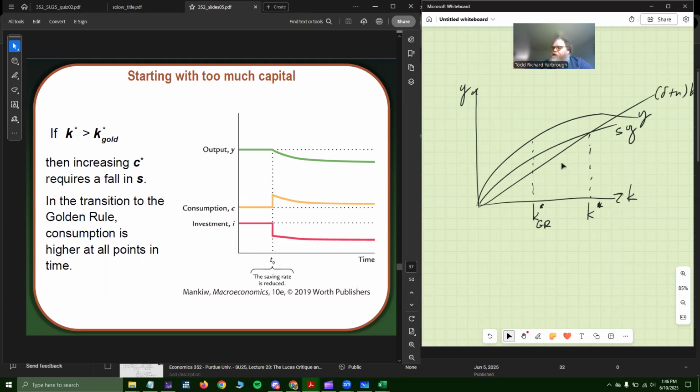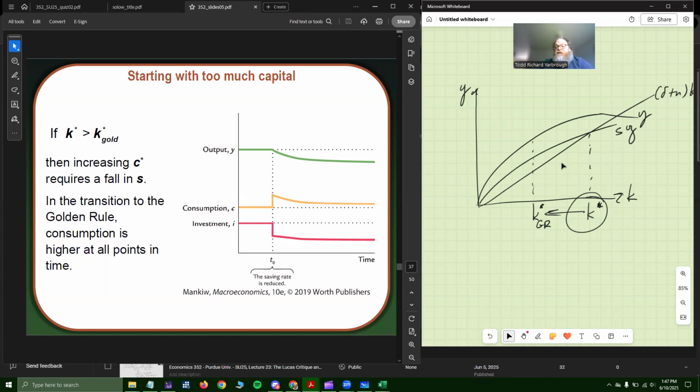The trick here is going to be to lower the savings rate in the economy, right? In a sense, to get the economy to consume more than it currently is consuming. And that should make sense because if we're currently above the golden rule, in the sense that investment relative to depreciation is too much relative to that golden rule position, we are overinvested.